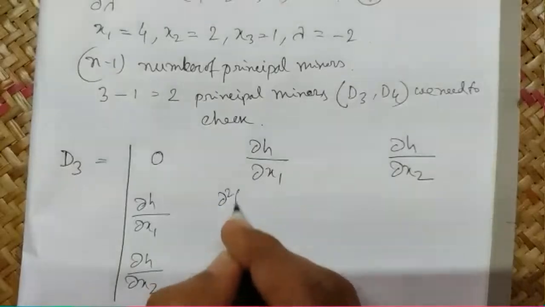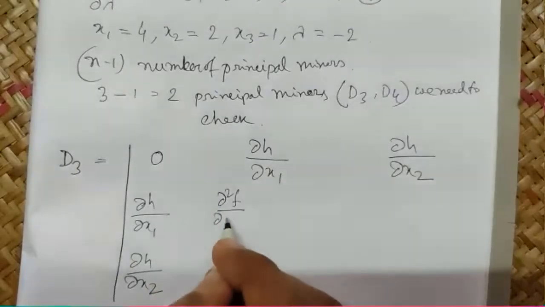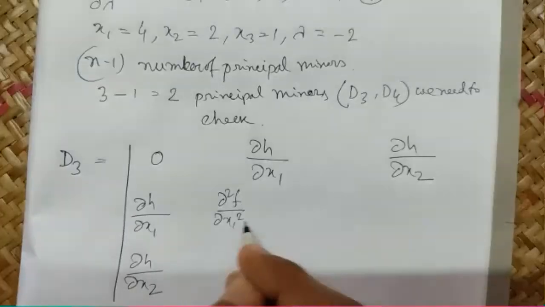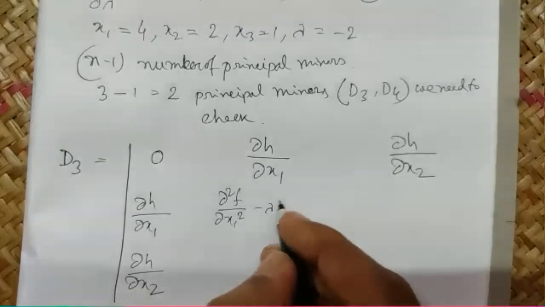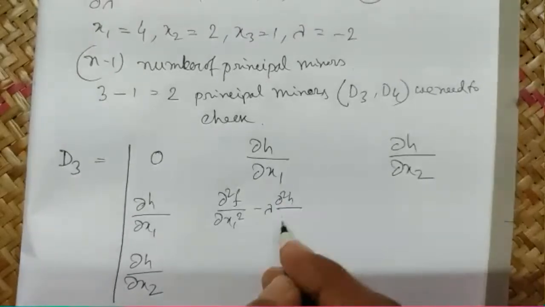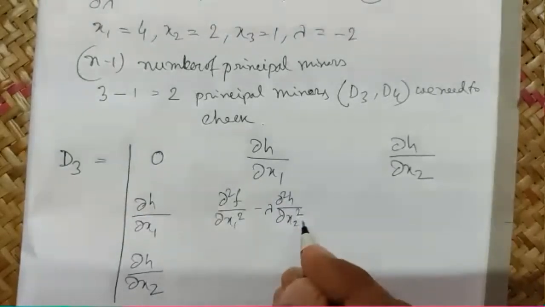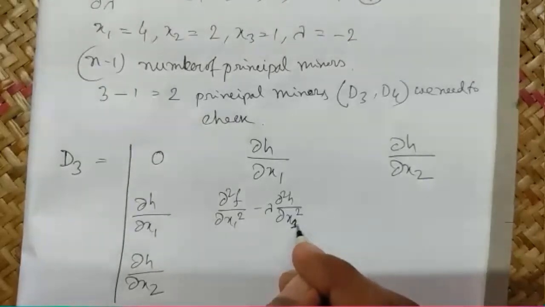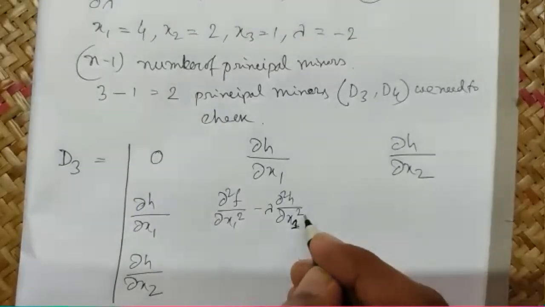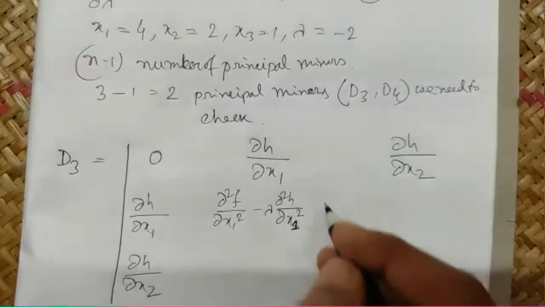Here del 2f del x1 square minus lambda into del 2h del x1 square.